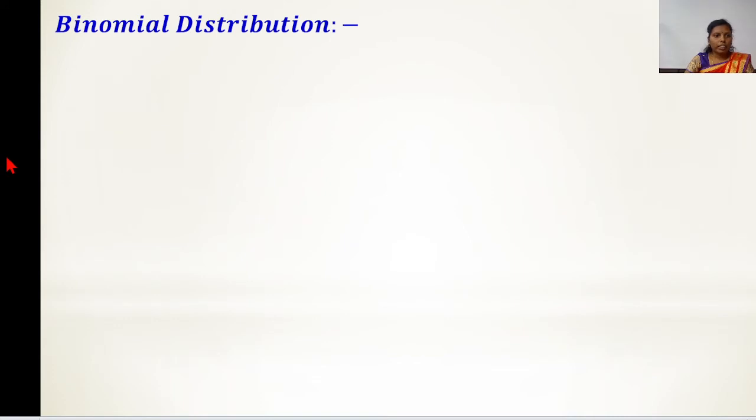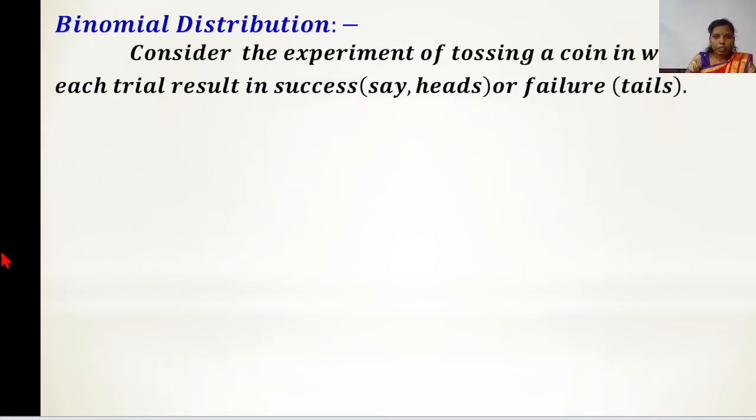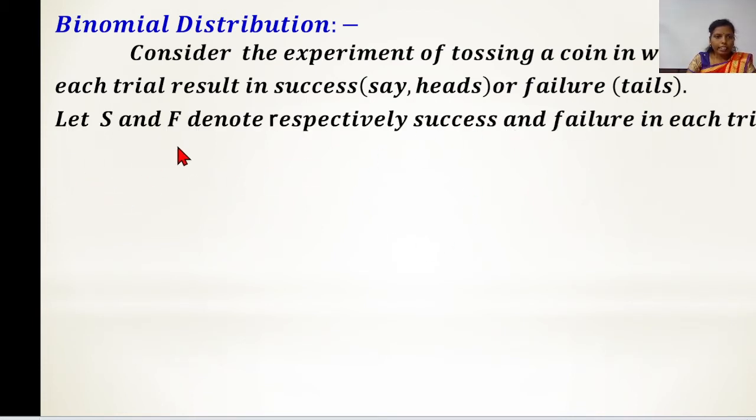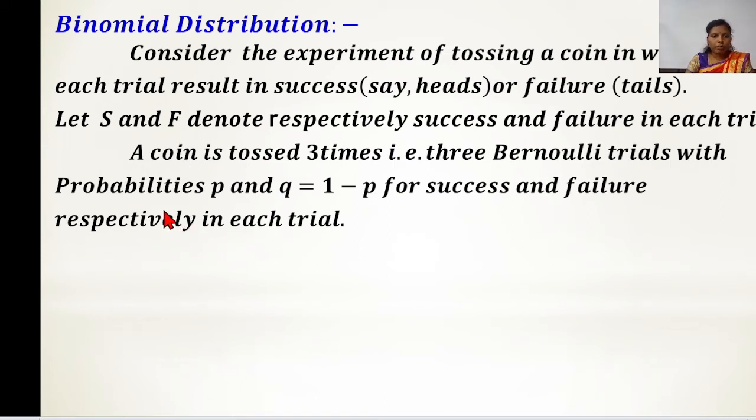Next point, let us see the binomial distribution. Consider the experiment of tossing a coin in which each trial results in success, say heads, or failure, tails. Let S and F denote success and failure respectively in each trial, that is, we denote a success by S and failure by F. Now let us see one example.